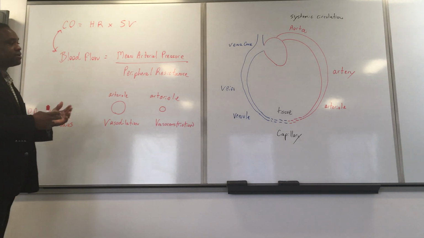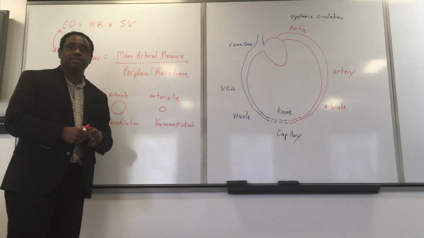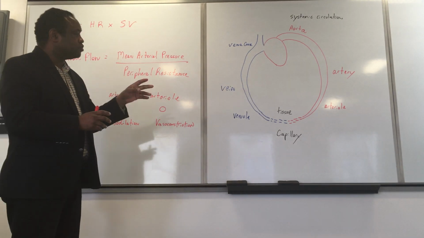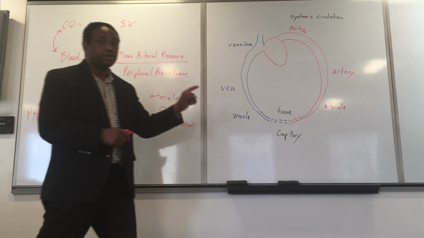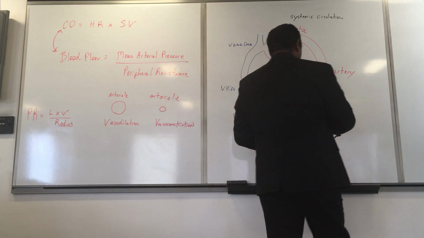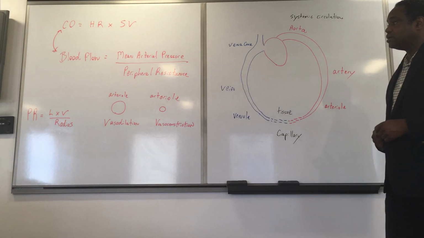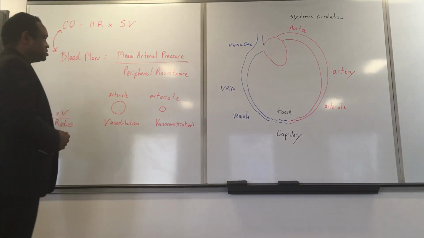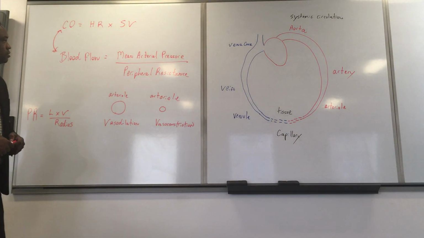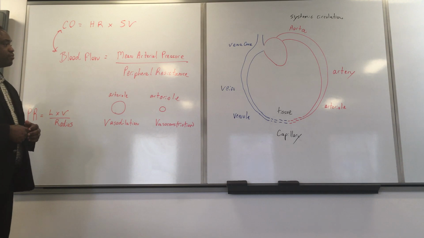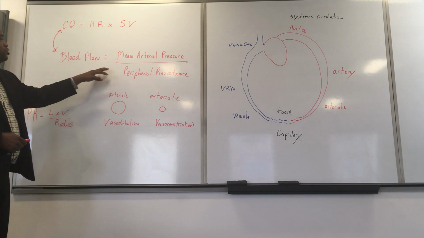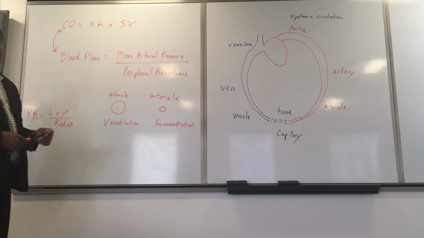So just keep going back and forth as it relates to that, and then we'll see how we have smooth muscle contraction of the arterioles. Don't forget, this is happening with the arteriole, and that's how it dictates how blood flow changes. Now we can relate this resistance to pressure, mean arterial pressure.